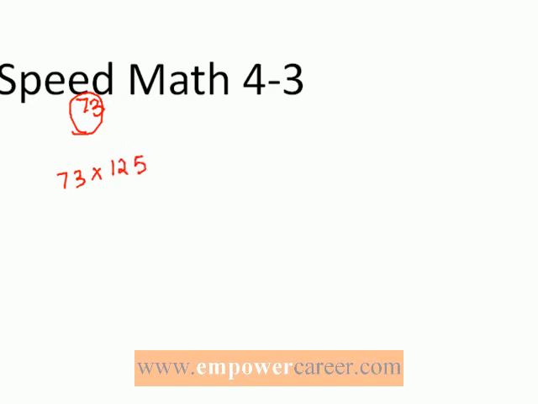Well, what do I have? 73. I need to do 1/8 of this number. How do I do that? Well, again, as I showed you in the earlier example, I'll say which is the number closest to this and the number to which I know the 1/8. The number I can think of is 72. Remember, I have kept 1 pending because I'm looking at 73.